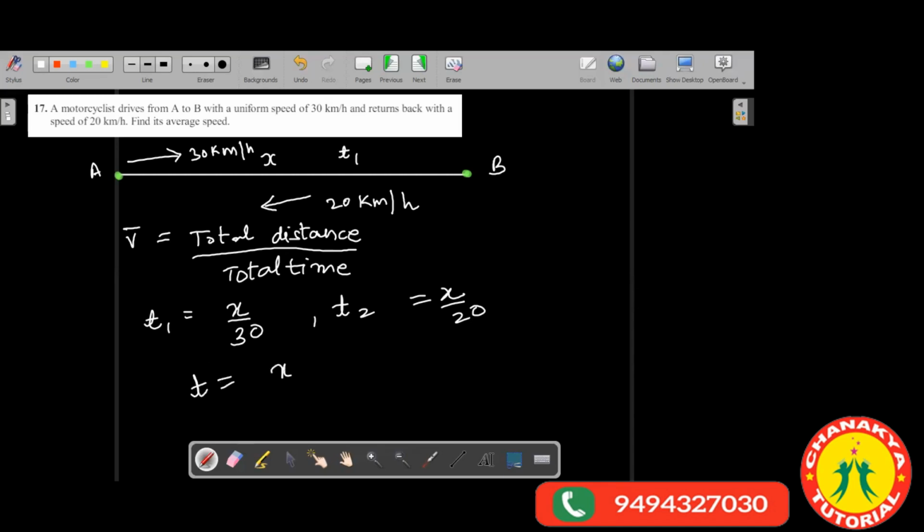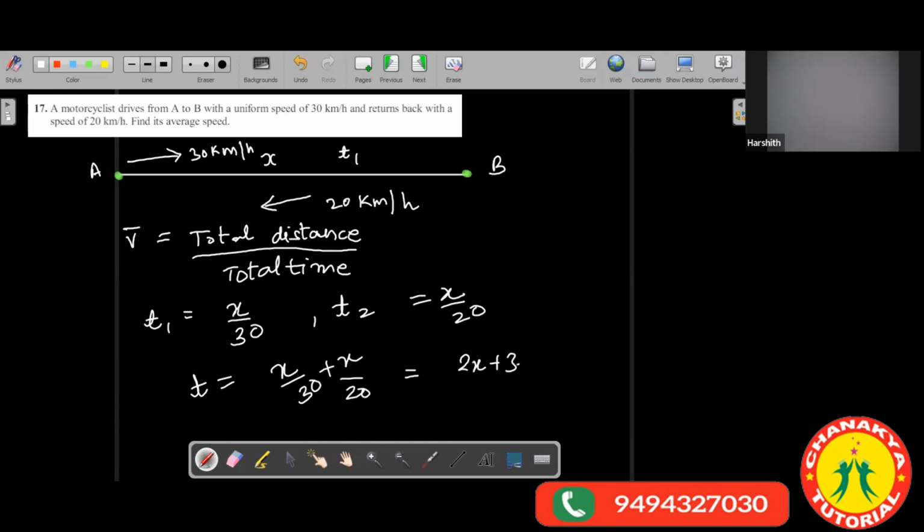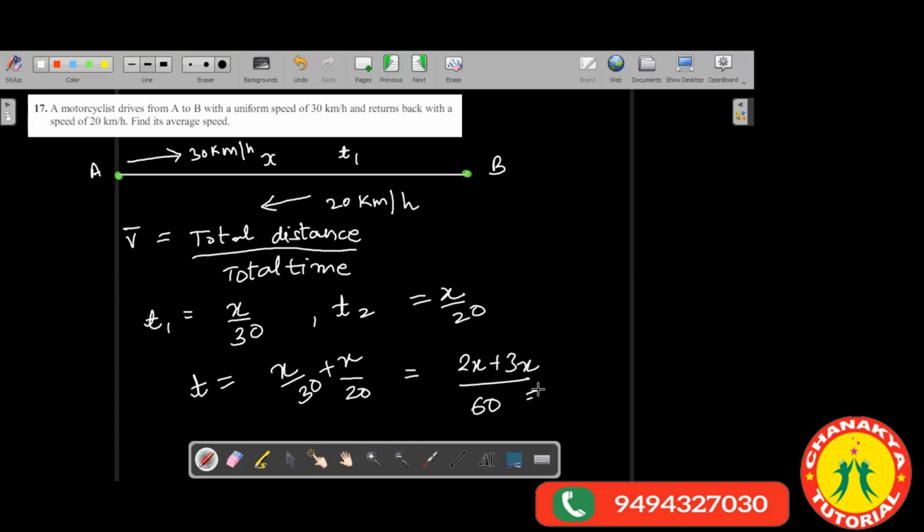The total time would be equal to x by 30 plus x by 20. You can take the LCM, solve it. You will get 2x plus 3x, 5x by 60, which is equal to x by 12. So total time is x by 12.